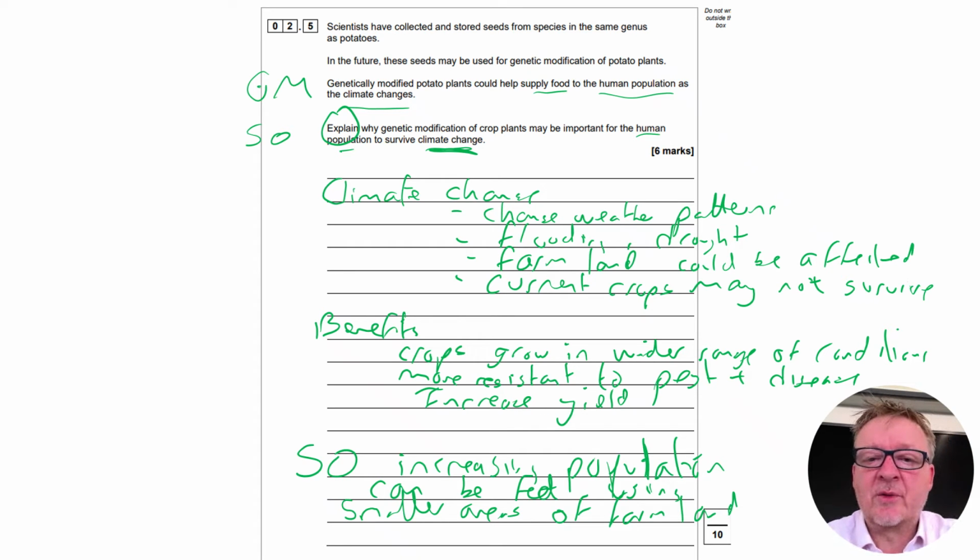Because we're going to be building houses all over the place, and certain places might just flood all the time and have drought all the time, the amount of farmland is going to decrease. So GM crops will allow us to produce more food so that we can feed the population.